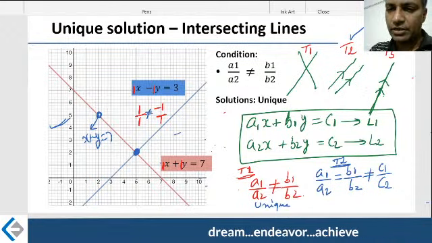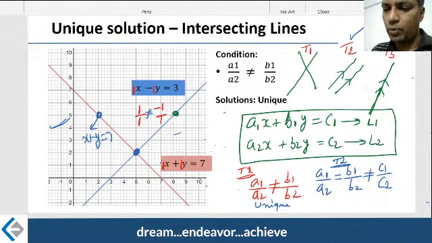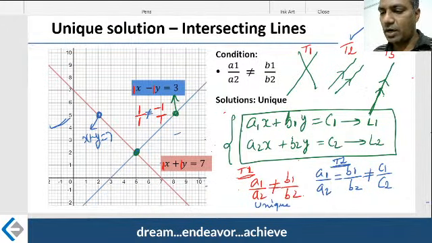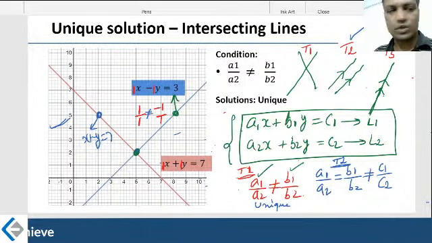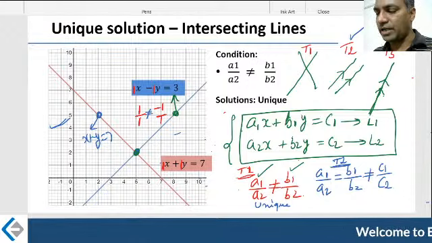If I take a point here, it also satisfies only one line but not the other. So that is what you mean by the unique solution. When I resolve them, there is one common point I'm talking about. This common point is possible only when a1 by a2 is not equal to b1 by b2. That's the point I'm trying to make.